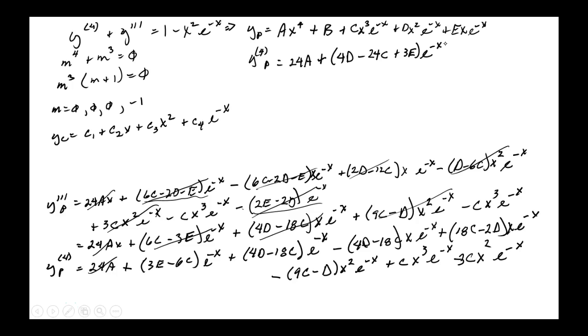I think it's a 3e from this one. This one became a 4d. Yeah, that's right. And then we have minus 24c plus 3e, and that took care of those two. My bad, I wrote it incorrectly.